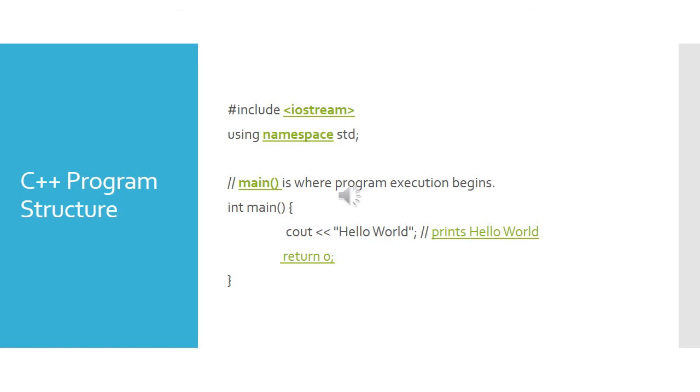Since it doesn't return anything, we have returned a 0, which represents null. The main function contains a set of statements which have to be executed one after the other. As an example, a printing statement, cout, which prints hello world to the console, has been written.